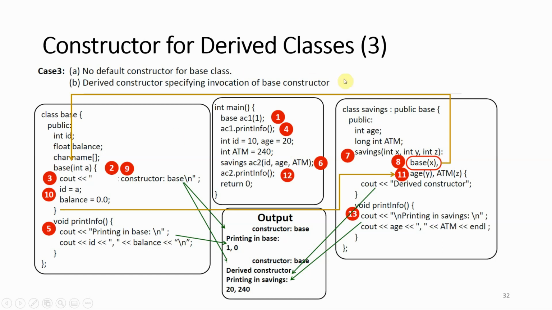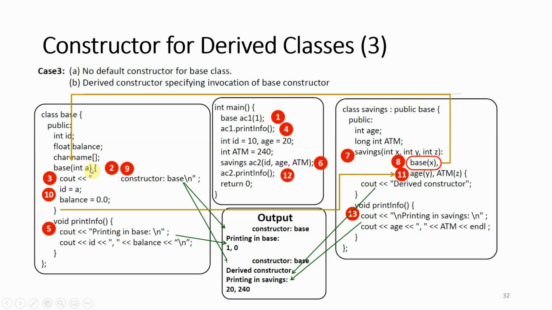So you can follow these numbers again. This part is the same as before, but here when you instantiate AC2, ID is 10, age is 20, 240 is ATM. So it's going to go here, X, Y, Z are initialized. It gets to this point. Now we are calling the base class non-default constructor. So it jumps here.